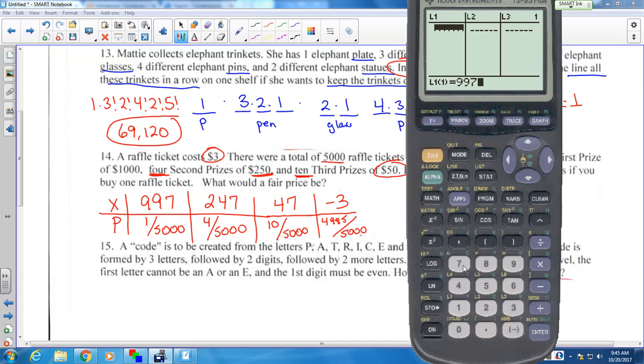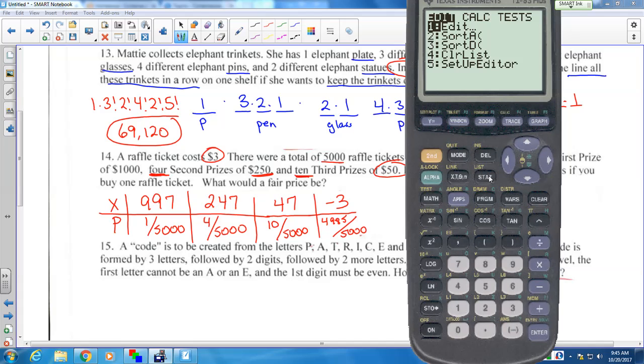I'll type in my numbers. Probabilities will go in L2.